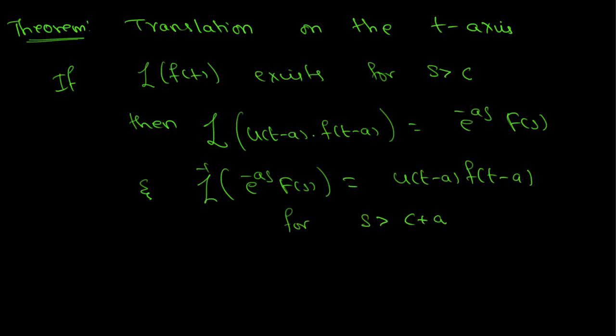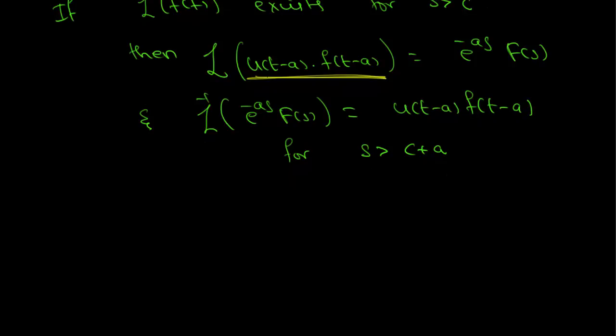a. Let us first see what this function u(t minus a) times f(t minus a) means. So we know that u(t minus a) is defined to be equal to 0 for t less than a and equal to 1 for t greater than or equal to a.